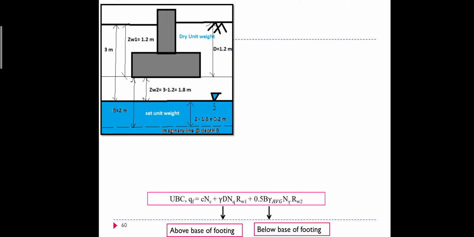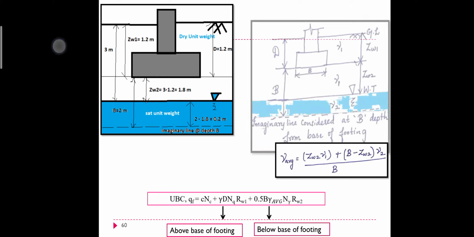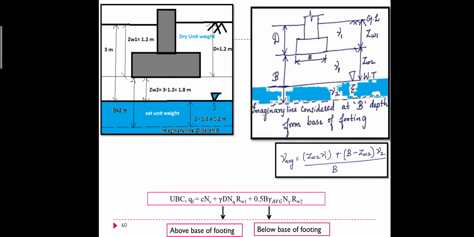So there is effect of water table, and the water table is below the base of the footing. Then immediately you have to find gamma average. What is gamma average? As I said, we know this formula with ZW2 into gamma 1. You should consider an imaginary line of depth B equal to 2 meter below the base of the footing.